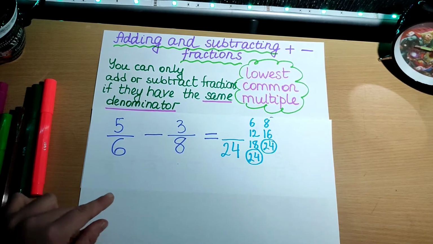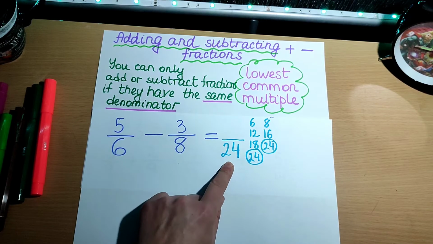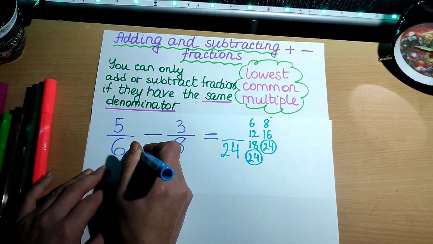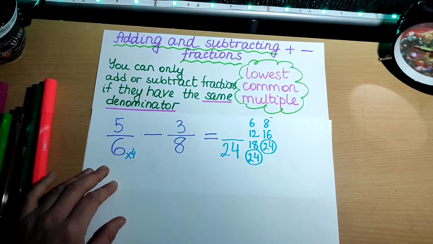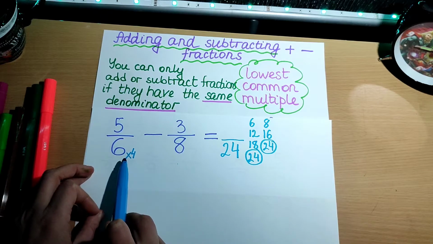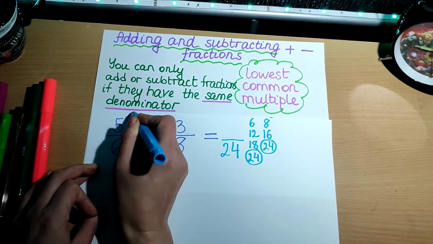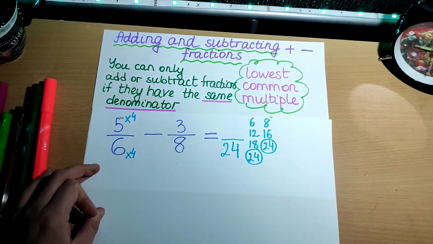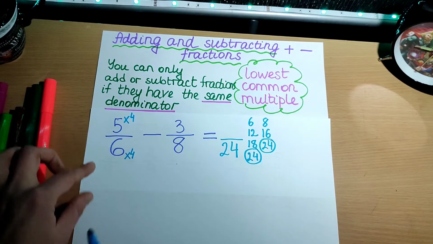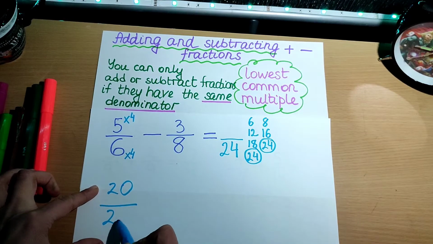Well, how do we turn 6 into 24? By multiplying. We multiply 6 by 4. Whatever we've done with our denominator, we need to do the same to our numerator. So we need to multiply our numerator by 4 as well. So now it's not 5 6ths, it's 20/24.